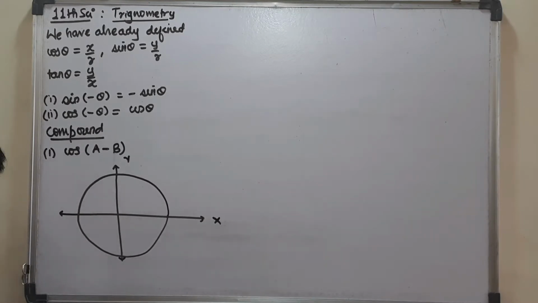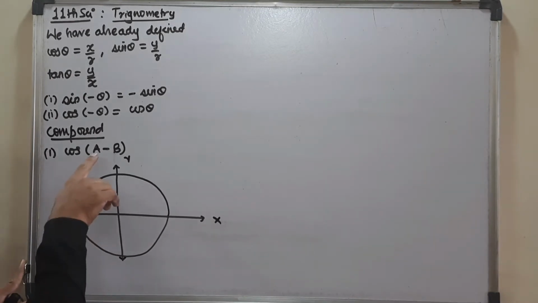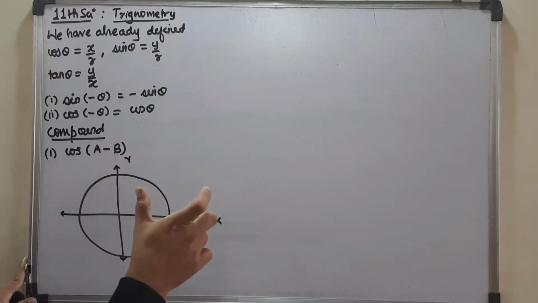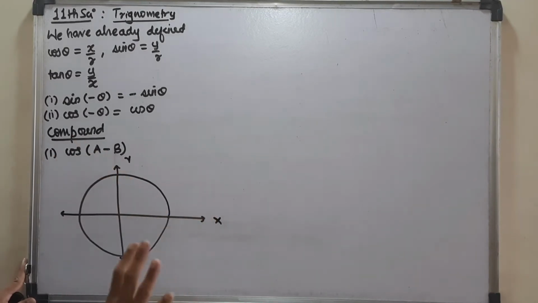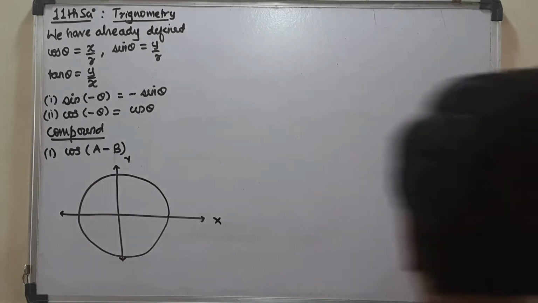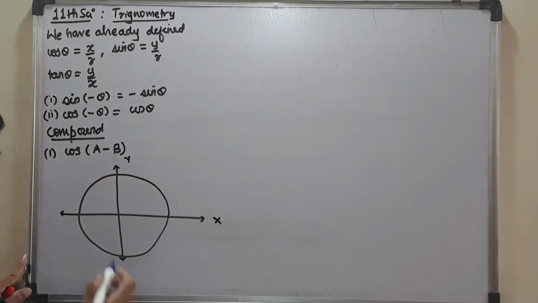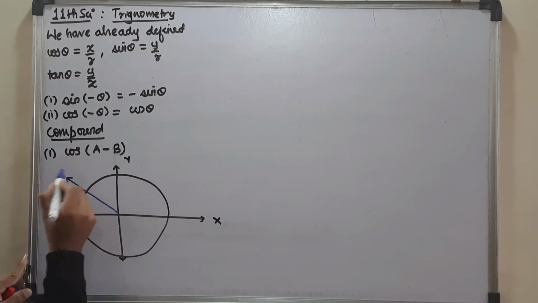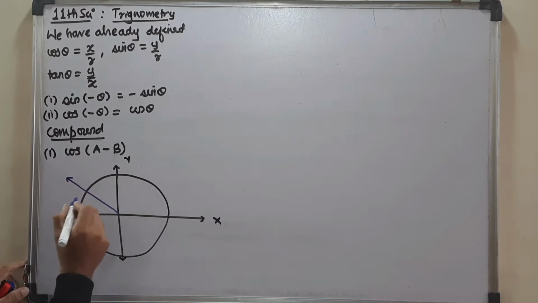Now, here it can be seen that A and B are there, indicating supposedly I want A as the bigger angle and B as the smaller angle. So I will draw two standard angles over here. Let this be one standard angle, and let it be so called A. No, don't take it as A, take some other name.